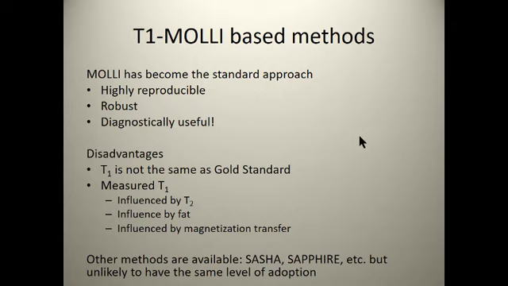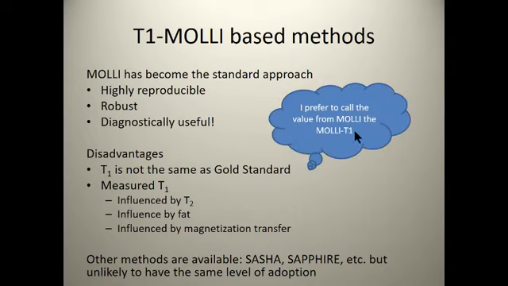It's got some disadvantages in that the T1 isn't the same as the gold standard, so it's not really the T1. And the measured T1 is influenced by T2. It's also influenced by the presence of fat, and it's influenced by the effects of magnetization transfer. So really, whenever I talk about it, I prefer to call it MOLLY T1 rather than T1 because it's not actually T1, but that falls on deaf ears with my clinical colleagues generally.